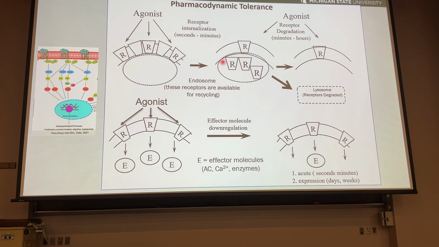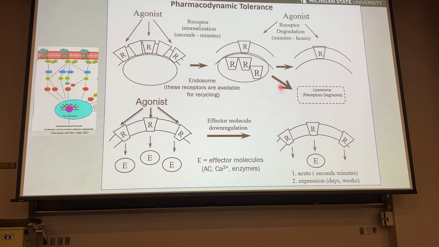Here's our internalization right here. Now if we go back here and we shuttle back out to the membrane, that's just going to be the internalization process, right? So it's desensitized here, but then if they're brought right back up to the membrane, it's resensitized. This process, again, seconds to minutes, can be hours, but let's think about it in terms of seconds to minutes. Quick, it's fast acting.